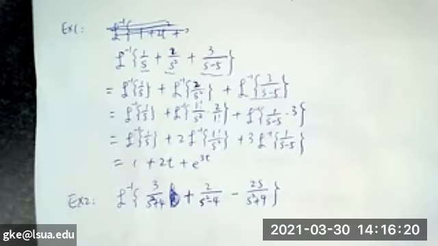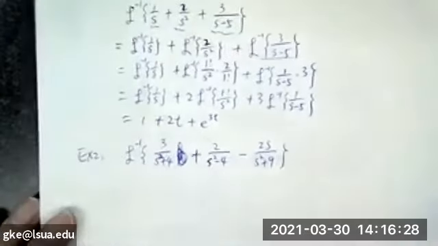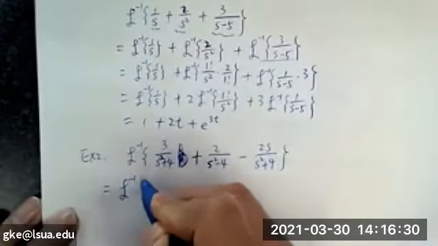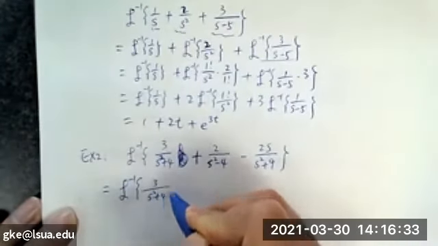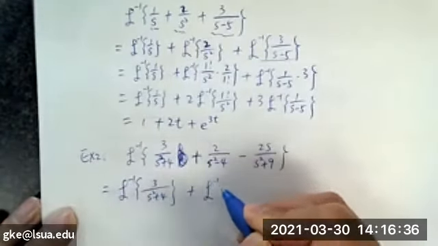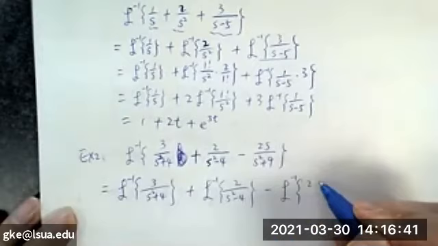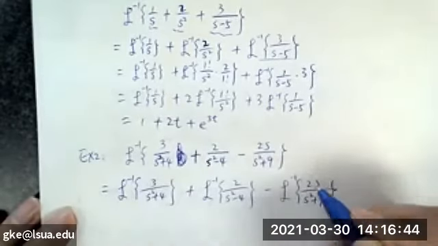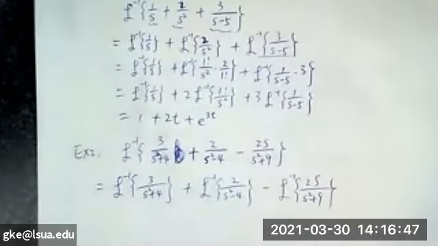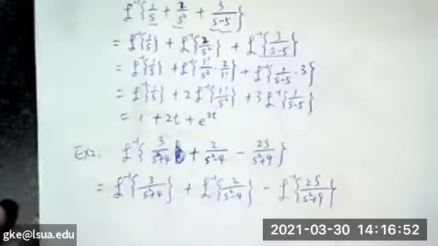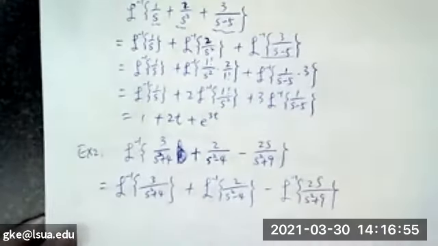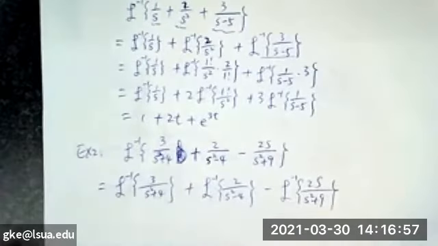Okay. Let me write down the answer on board. Let's take a look. So for this guy, we have, okay, and then for each term, we're gonna find the formula, right?